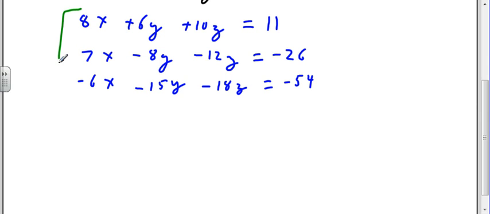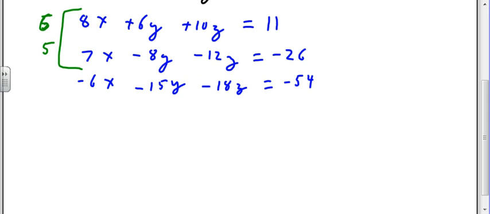We're going to multiply this one times 5, and we're going to multiply that times 50. We can't get to 50 from here. But 60 will do, right? So if we multiply this one by 6 and that one times 5, that'd be 60 minus 60, and we would get rid of that.